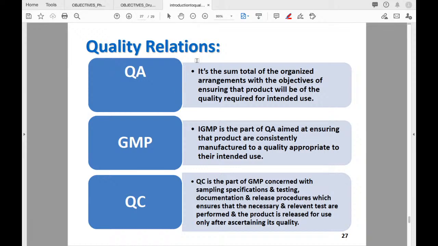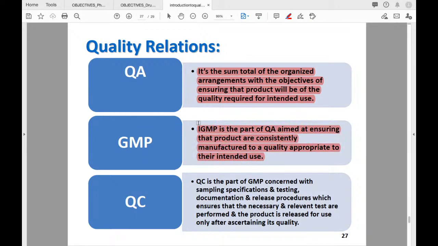QA, if we define it as in the last slide, is the sum total of organized arrangements with the objective of ensuring that products will be of the quality required for their intended use. Whereas GMP is a part of QA, ensuring that products are consistently manufactured and of quality appropriate to the intended use.